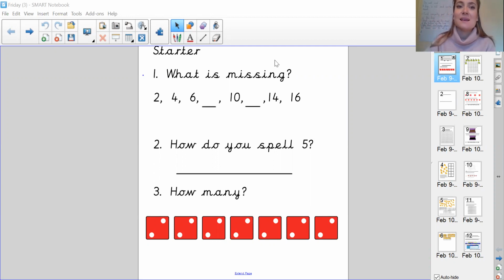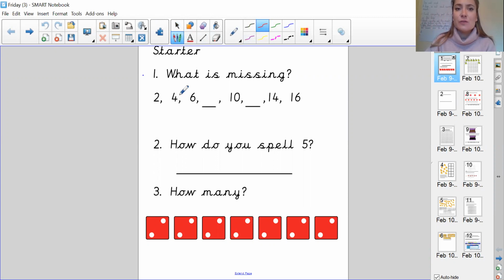Okay, hopefully you paused me. Let's have a look. So we've got 2, 4, 6. What do you notice they're going up in? So I've got 2, then it goes 4, then it goes 6. What are they going up in? Good, they're going up in 2s. So let's go. 2, 4, 6, 8.